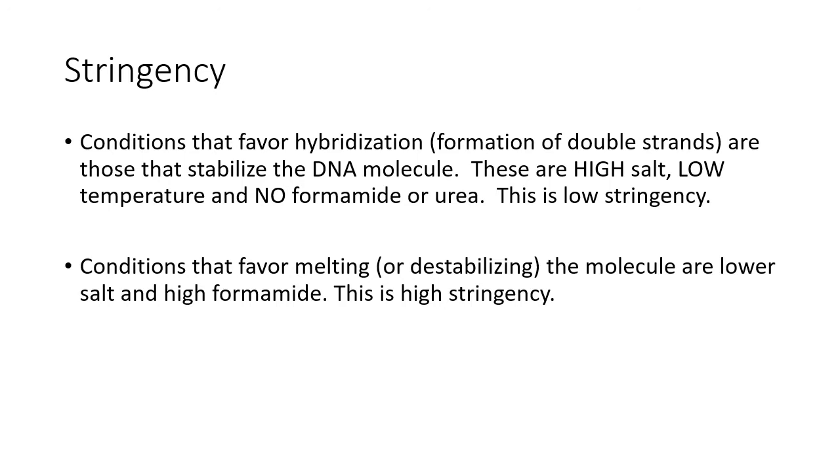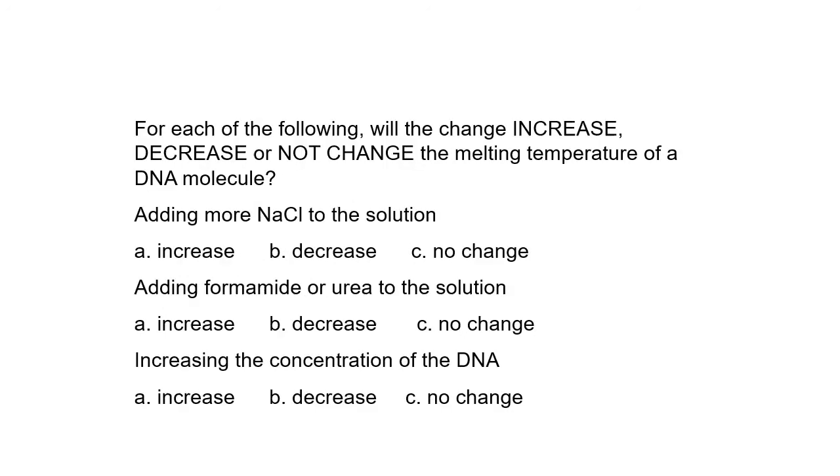So these kinds of conditions allow imperfect hybrids to form, which is something people sometimes want, but that's not what you would want normally. In terms of things that favor melting or destabilizing, those would be high stringency. So lower salt and high formamide would be a high stringency situation in which the hybrids have to be perfect to stay stuck.